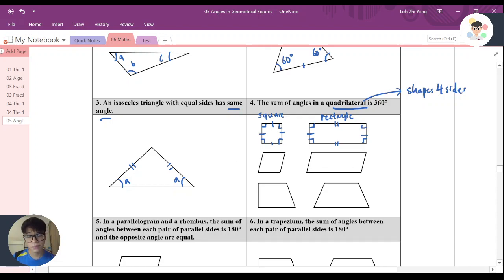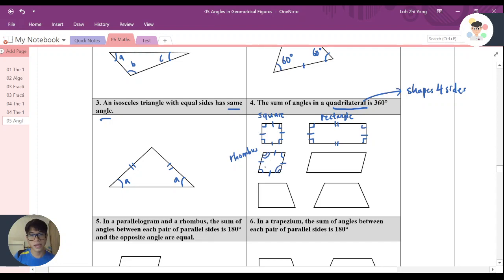So the next one is something that is similar to square, where they have the same length here, and here. But this is what we call it as rhombus, okay? Because it's not a 90 degree on each side, but something you need to know is the angle here for rhombus is the same as the angle here, and the angle here is the same as the angle here.